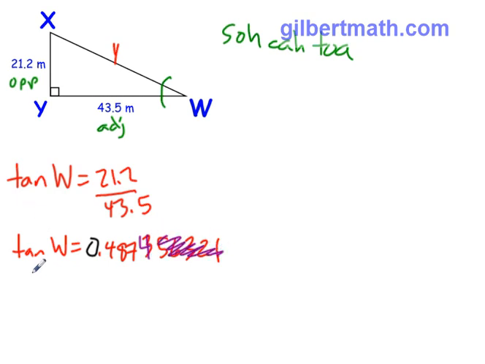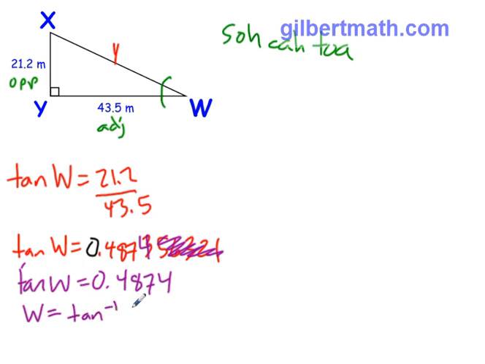So I'm just going to rewrite this so it's a little bit clearer. tan W equals 0.4874. Now, I can't just use the regular tan button, because I can only do that when I know the angle. When I'm trying to find the angle, angle W equals inverse tan.